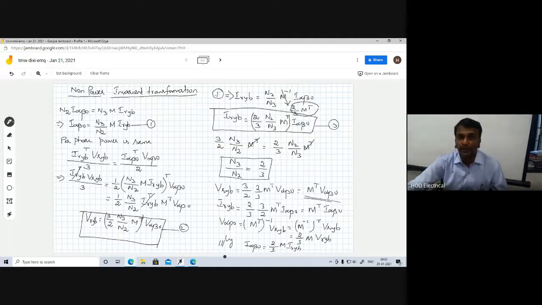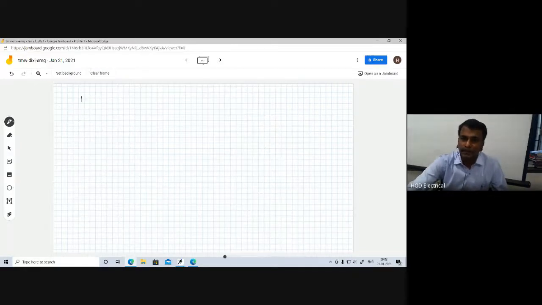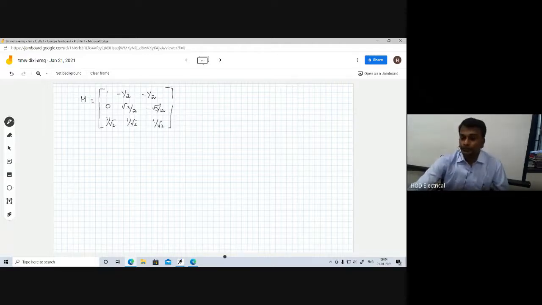So accordingly, we can write, already we know this M matrix as M is nothing but [1, -1/2, -1/2; 0, root 3/2, -root 3/2; 1/root 2, 1/root 2, 1/root 2]. Then the I alpha beta naught formula is 2/3 M into IRYB.